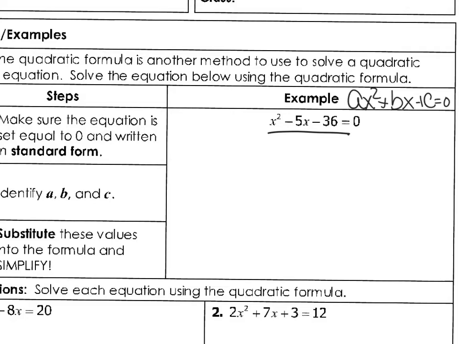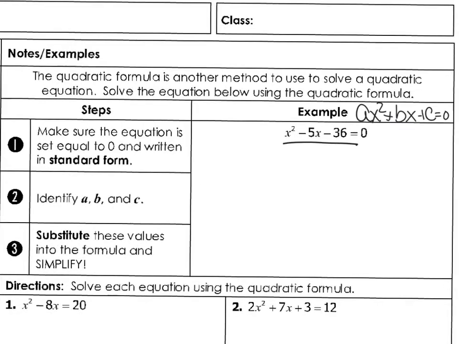Okay, so the first thing you need to do is identify a, b, and c. So in this case, a would equal 1, b, remember to take the sign with the number, is negative 5, and c is negative 36.